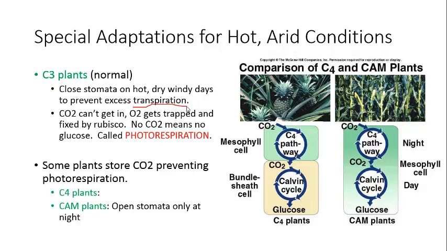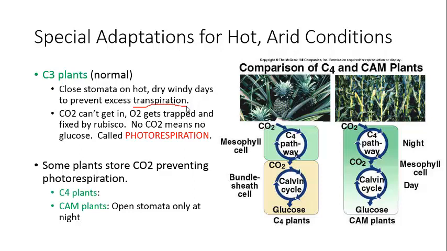So to prevent excessive transpiration, the stomata close. There's a problem though when the stomata close. Carbon dioxide can't get in for the Calvin cycle and oxygen gets trapped. Rubisco has the ability to also fix oxygen as well as carbon dioxide. But the problem with oxygen is it doesn't contain any carbon.